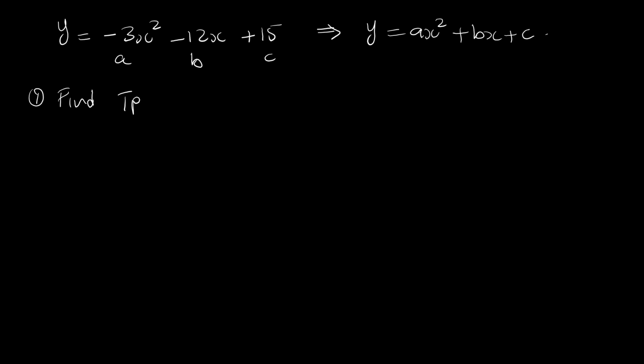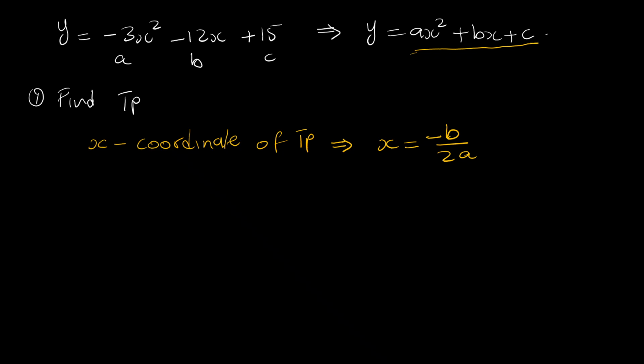To find the turning point, first you have to find the x coordinate of the turning point, and the formula that we use to find the x coordinate of your TP is x equals minus b over 2a. That's why it's very important to understand, when it is in this form, what is the value of a, what is the value of b, and what is the value of c.